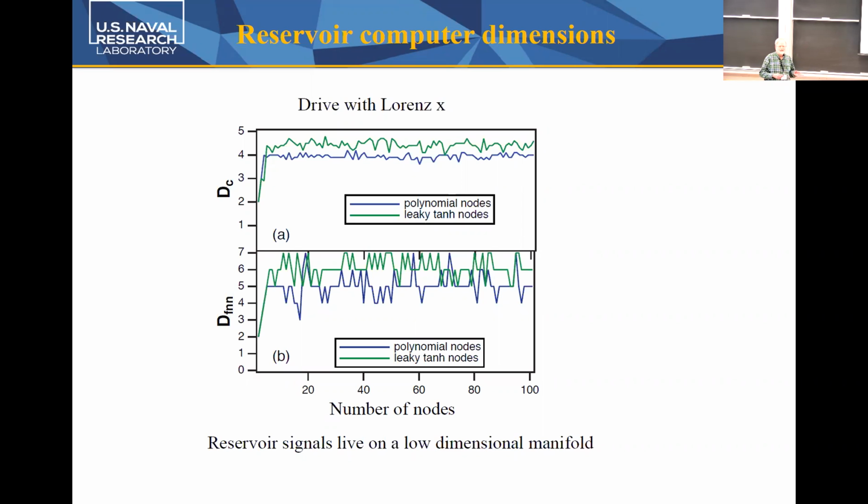So it tends to depend mostly on the reservoir. Even the input signal doesn't make a big difference. You're driving all these nodes with a common signal, so it's not surprising in hindsight that the manifold is going to be low dimensional. You can change the dimension some by changing the strength of the interaction, but you tend to get dimensions below 10 for most combinations that I've seen.